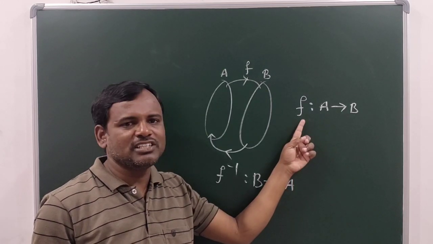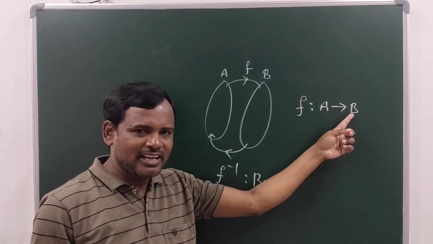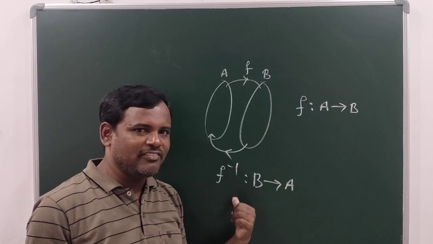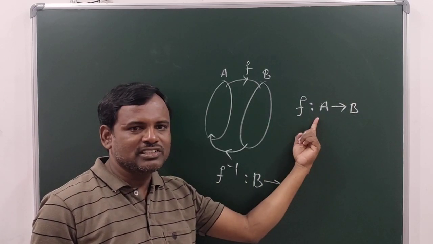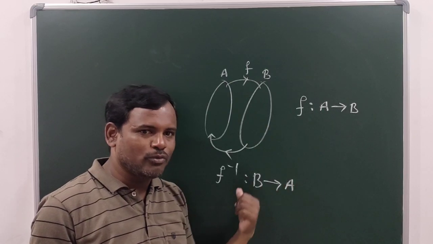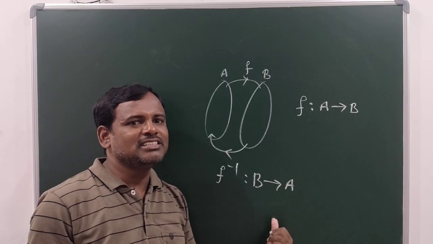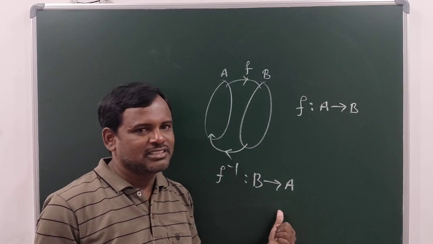For the basic function, B is the range, but for its inverse, B is the domain. For the basic function, A is the domain, but for its inverse function, A is the range.